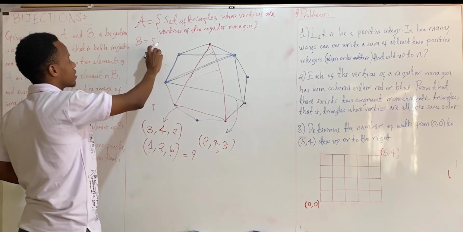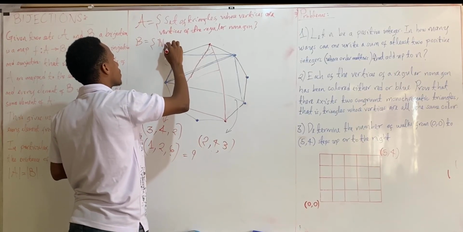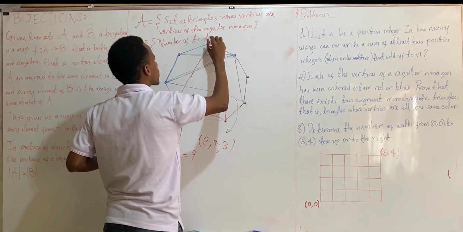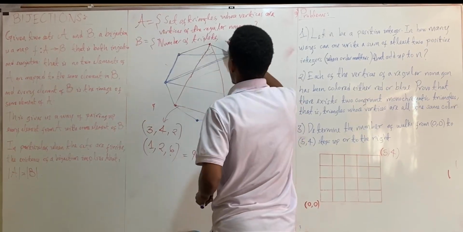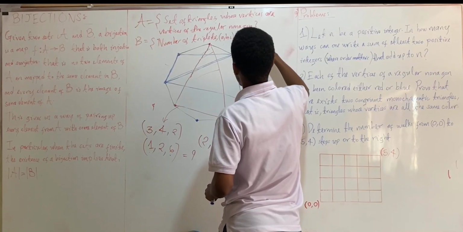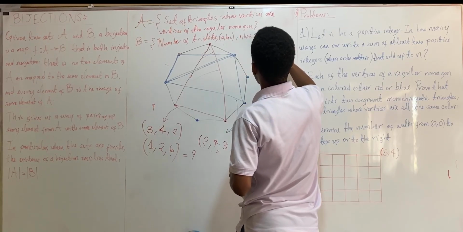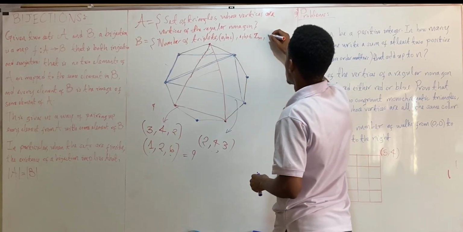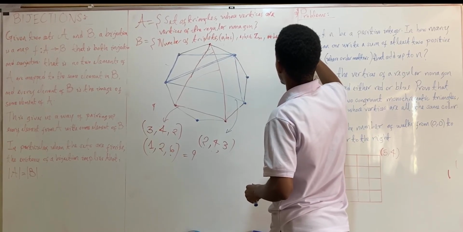So we can describe B as the set of triplets A, B, C, where A, B, and C are positive integers in such a way that their sum A plus B plus C is equal to 9.